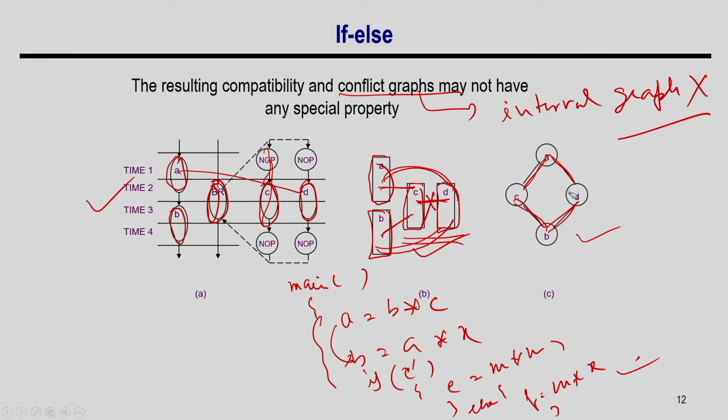So, this interval assignment does not reflect the conflict graph, and hence I am not able to map the nodes into intervals such that whenever two intervals overlap, there is an edge. That property does not hold. As a result, the complete graph which I obtained is not an interval graph, and if it is not an interval graph, I cannot solve the problem in polynomial time. So, I have to go for a heuristic algorithm.